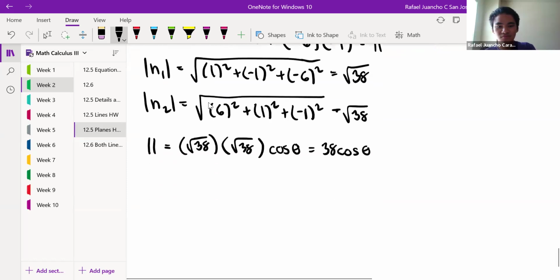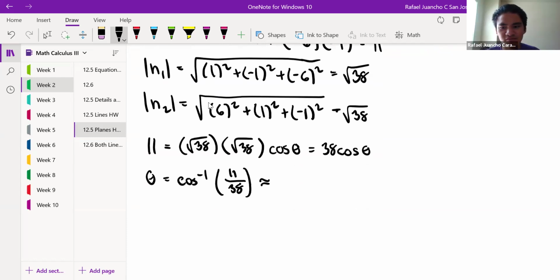And so theta is just arc cosine of 11 over 38, which has to be some number, right? I just get the arc cosine of that in degrees, and I should be good. Hopefully it's not some random value. 11 over 38. Oh shoot, we got a random value here.